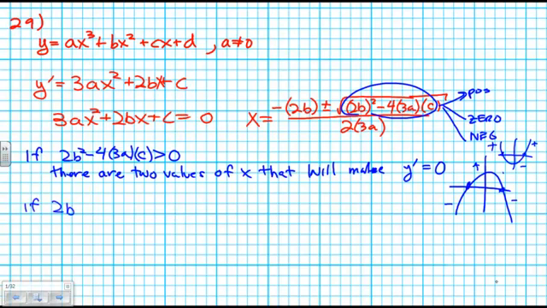If 2b squared minus 4 times 3a times c is equal to 0, there is one value of x that makes y prime equal to 0.